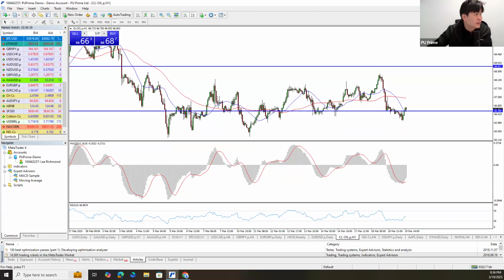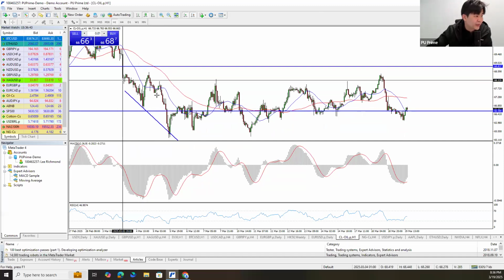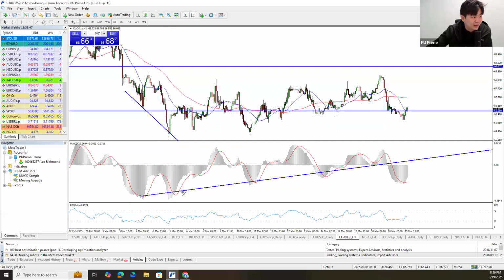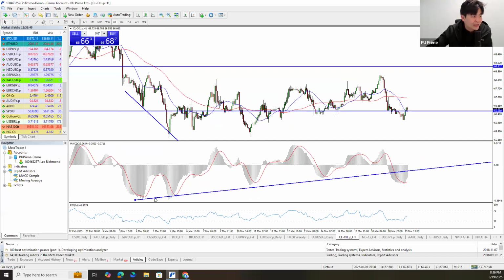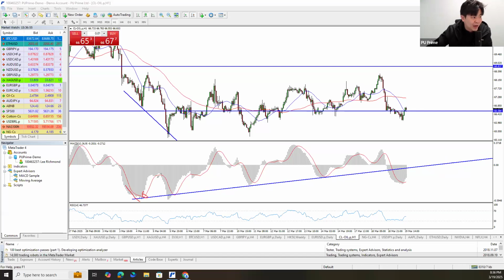So I show you, this is the crude oil chart previously. You can notice from here to here, it's a downward trend, but here, even though it's not a beautiful form, you can observe that the MACD is going upward.